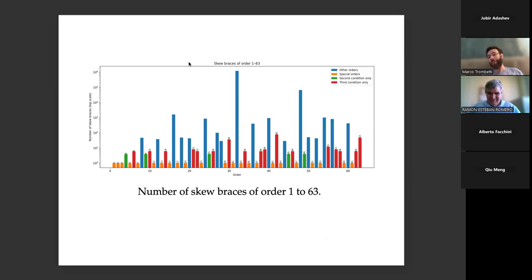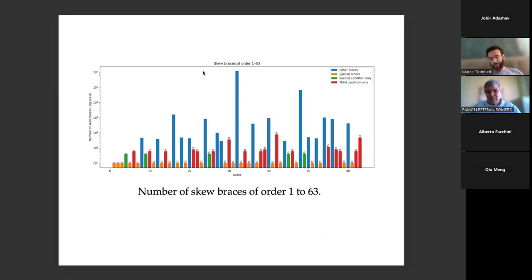But even with the square, they will not reach the number of groups. For 32, we have the number of groups of order 1024. Maybe this is quite a high fraction, at least on the logarithmic scale. Yes.